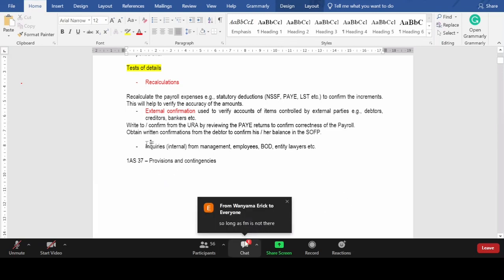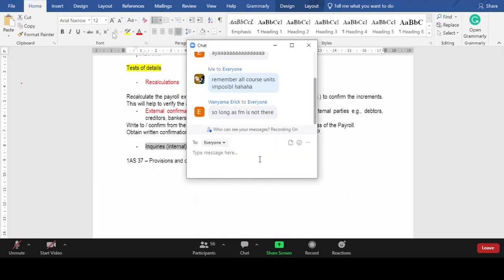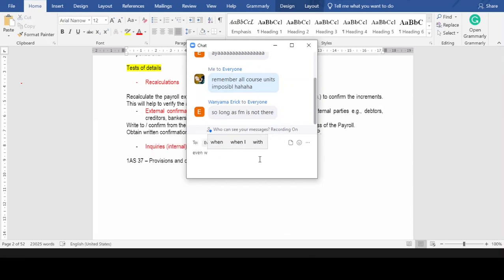Imagine we are auditing IAS 37 and there was maybe a contingent liability which you are auditing.